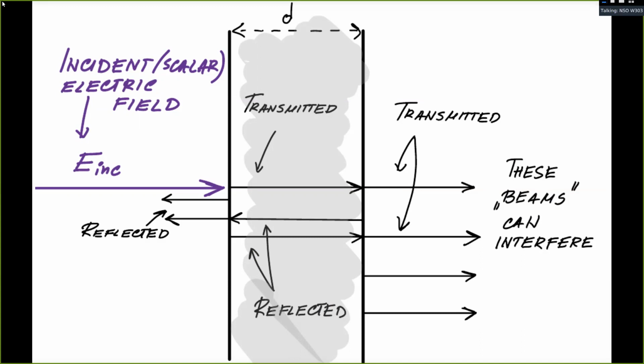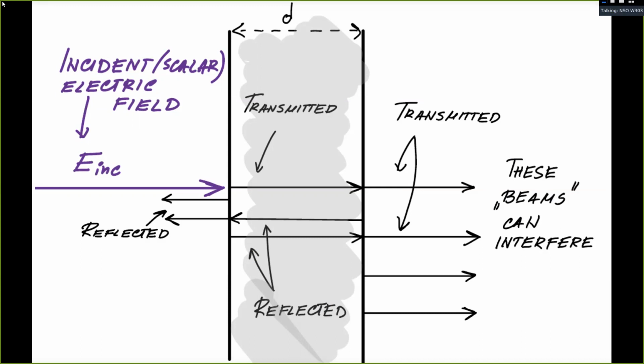Then the transmitted part is transmitted again, and it exits the filter, part is reflected back, where again, part is transmitted backward, but then there is another reflection, and part of that is eventually going to be transmitted forward.